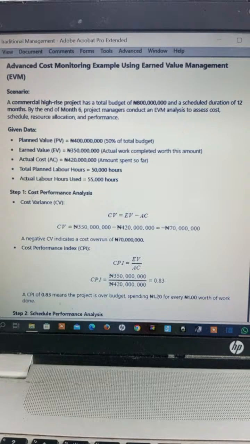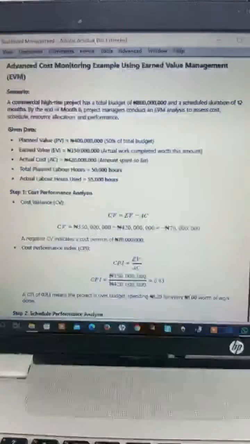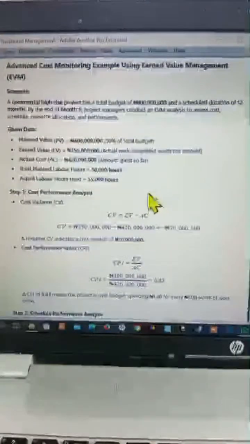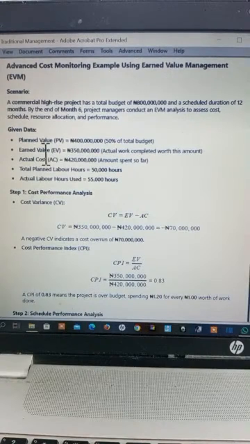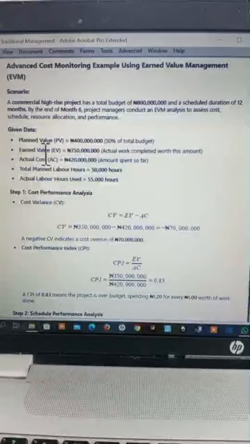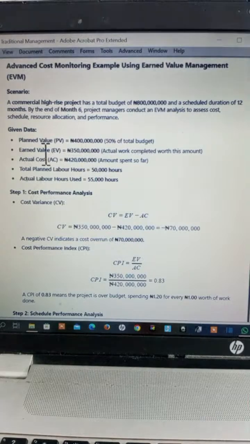Remember, I said we're going to be talking about cost, schedule, and resource allocation today. We have the planned value at 400 million, which is 50% of the total budget, and the earned value at 350 million.